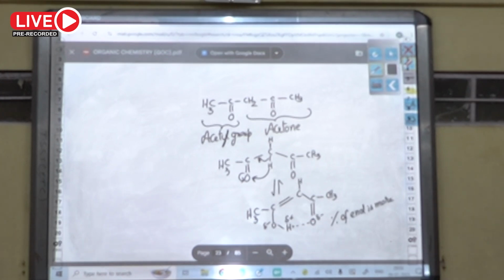The free rotation requires 3 kilocalorie per mole of energy, which is very much supplied by the room temperature.